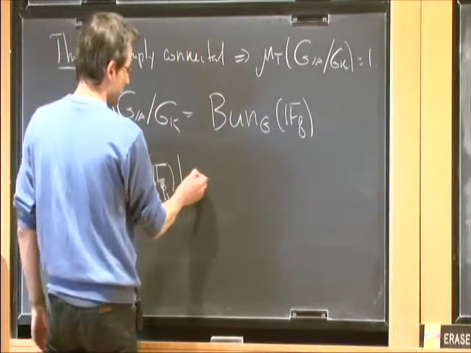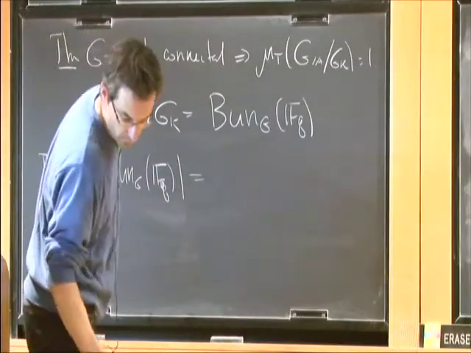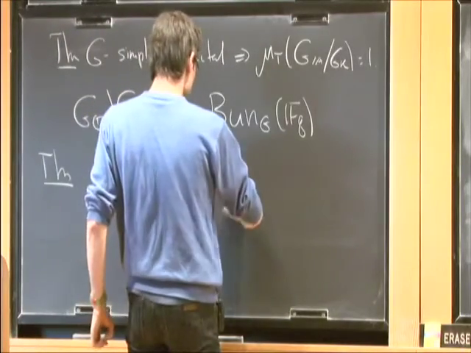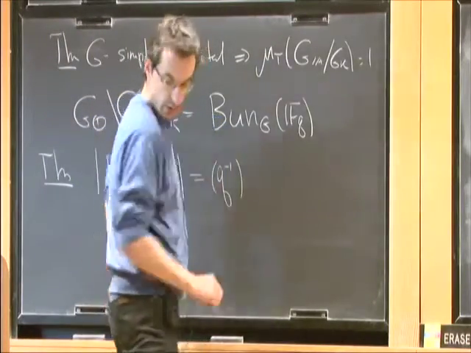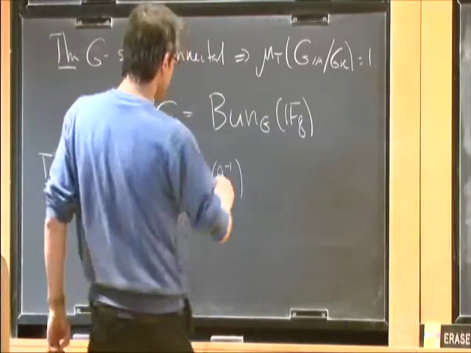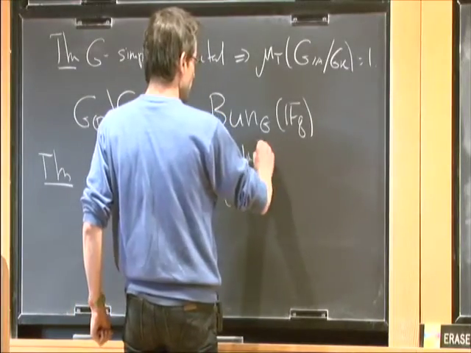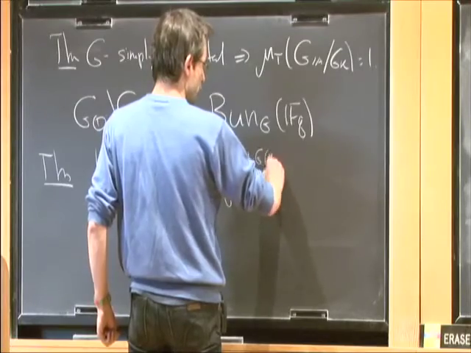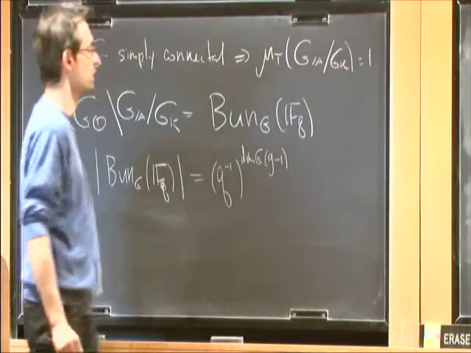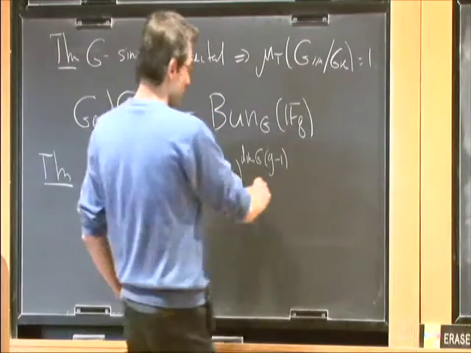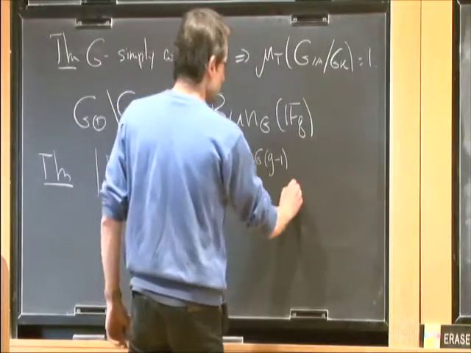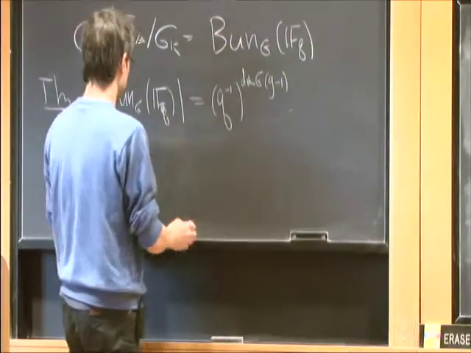So it's given by the following formula. Let me write it down. It's q to the power minus dimension of G times (g minus 1), where g is the genus of the curve, times, well, this is a boring factor, times the interesting factor, which is the following.